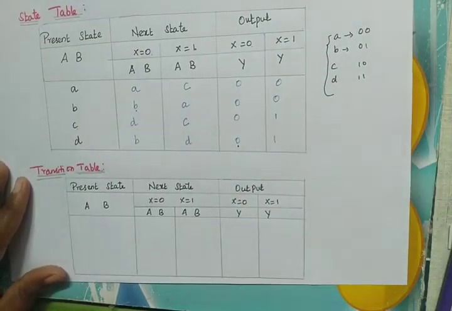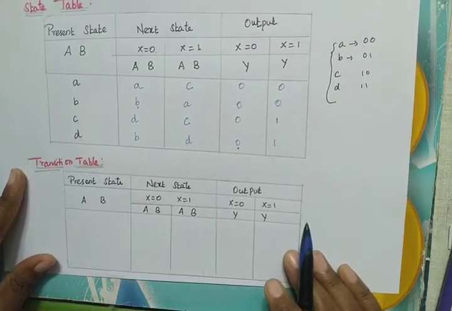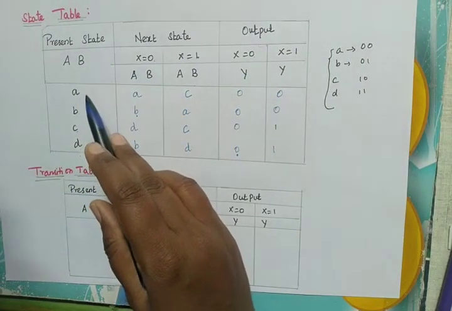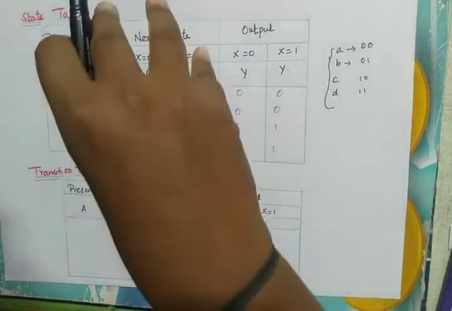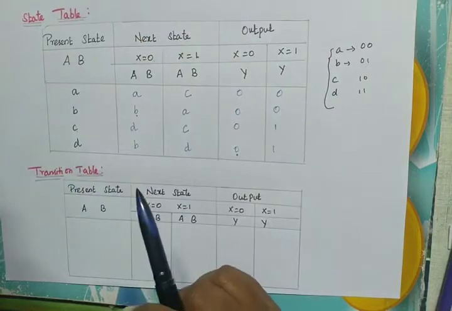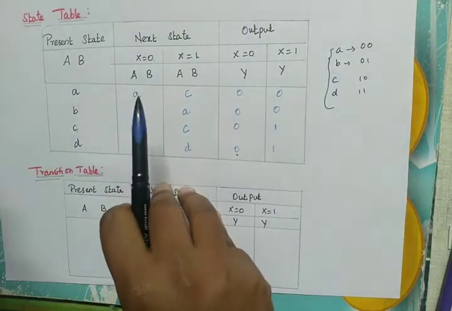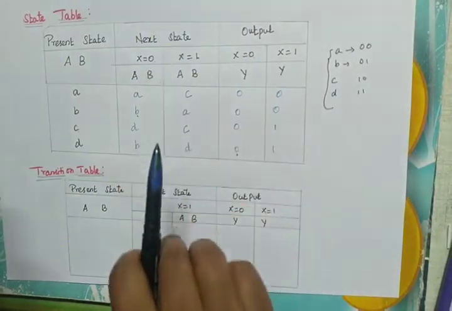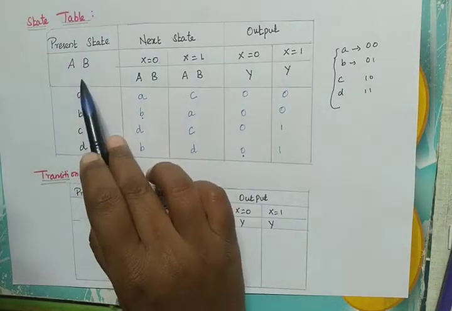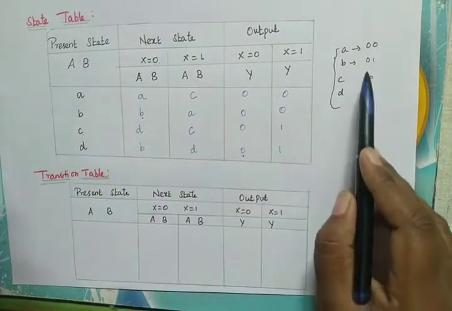Then the next one is called the transition table. Now what is this transition table? Here we have the state diagram representation in the state table, and this specifies the state variable values which we have assigned here.